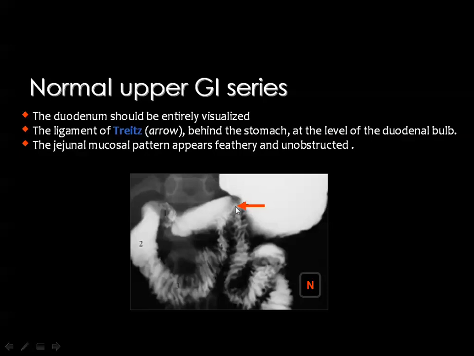One important issue is to know that this junction between the duodenum and the jejunum is located to the left of the spine. And you know that the duodenum is formed of 4 parts: the first, the second, the third, and the fourth part. Then you can see after that the jejunal loops.